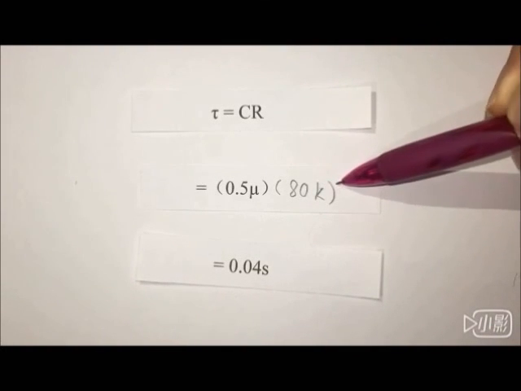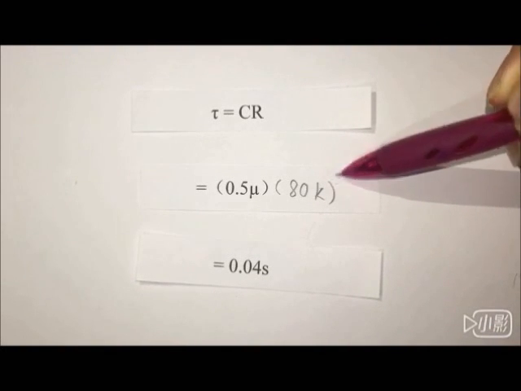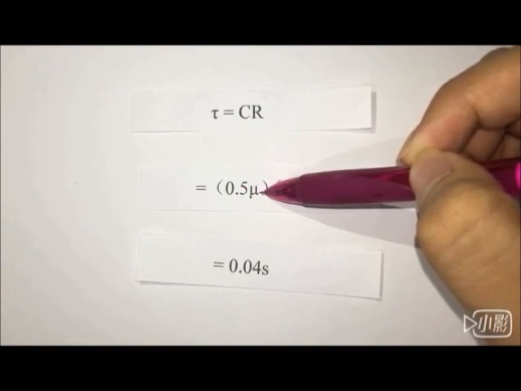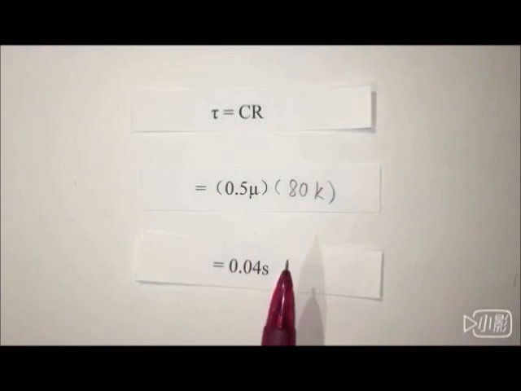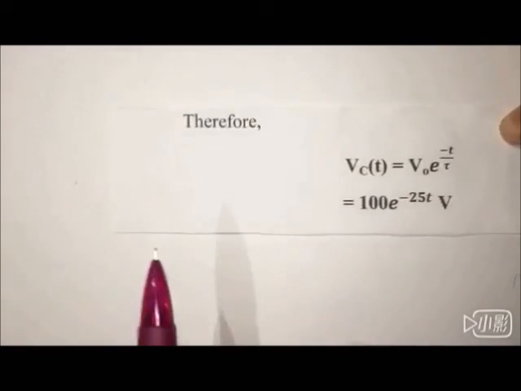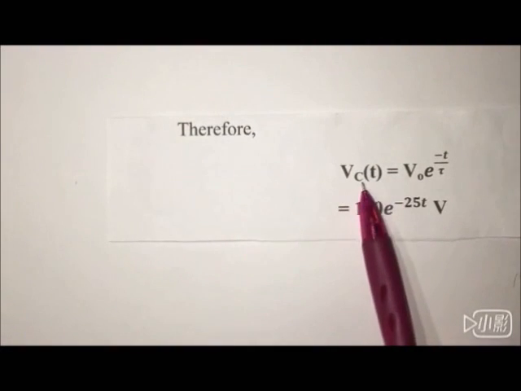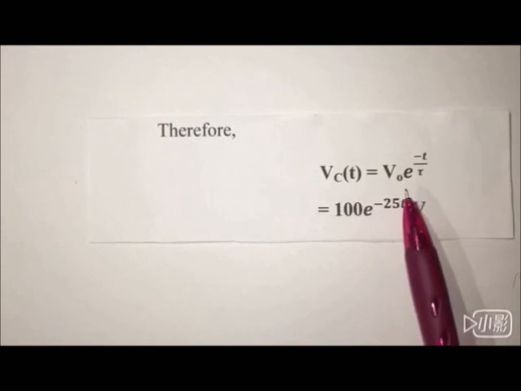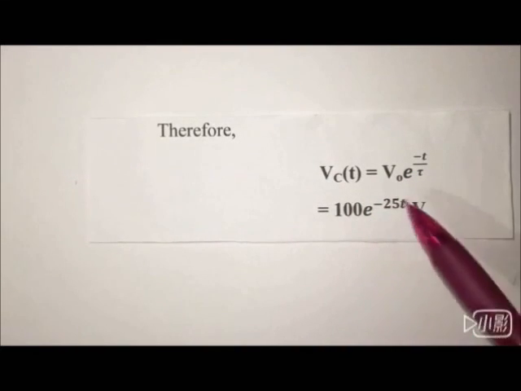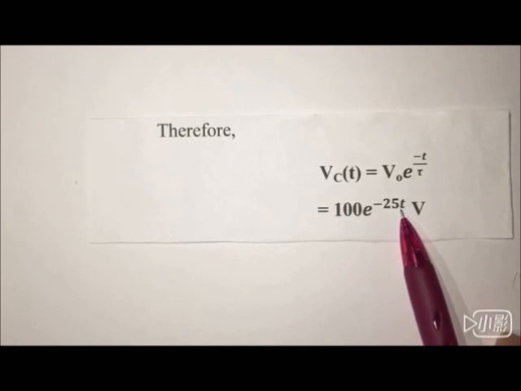With 80 kilo ohm as the equivalent resistance and the capacitance equal to 0.5 microfarad, tau is equal to 0.04 second. Therefore, Vc(t) is equal to 100 exponential to the power of negative 25t volts.